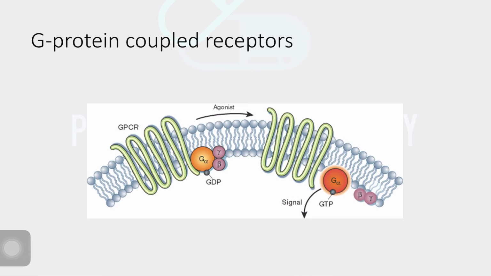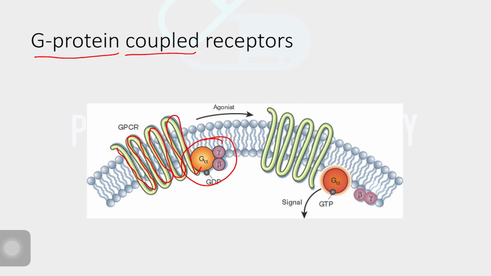So let's see about G protein coupled receptors. As the name suggests, these receptors are coupled with G proteins. Now, these receptors have 7 transmembrane spanning helices, as described in this figure, and are coupled with G protein.